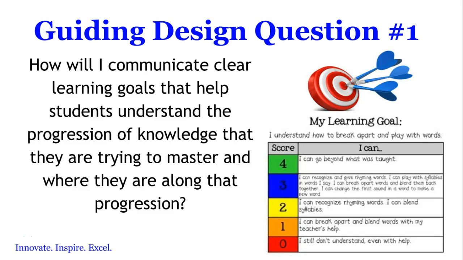Marzano, in his 2007 edition, suggests making a rubric to state the goals. This gives the students a clear visual for themselves and also for the teacher to know where a student is in his or her learning progress towards mastery.